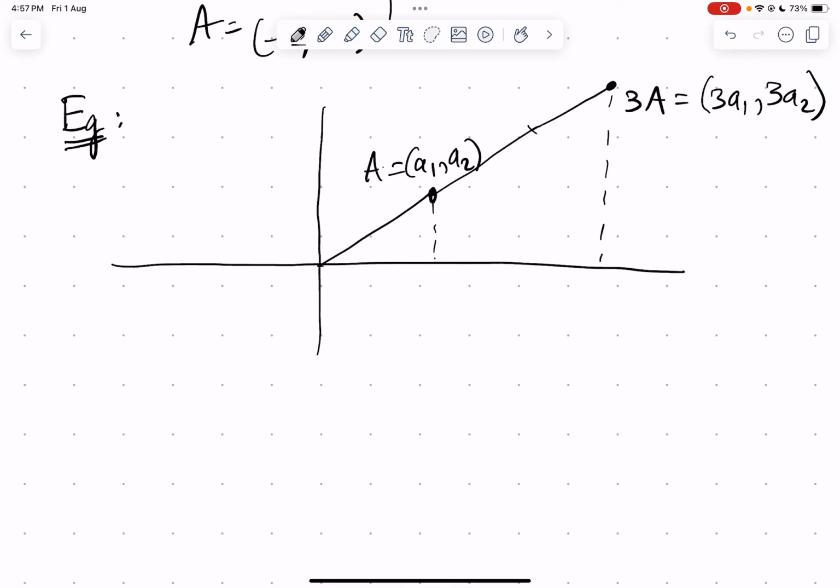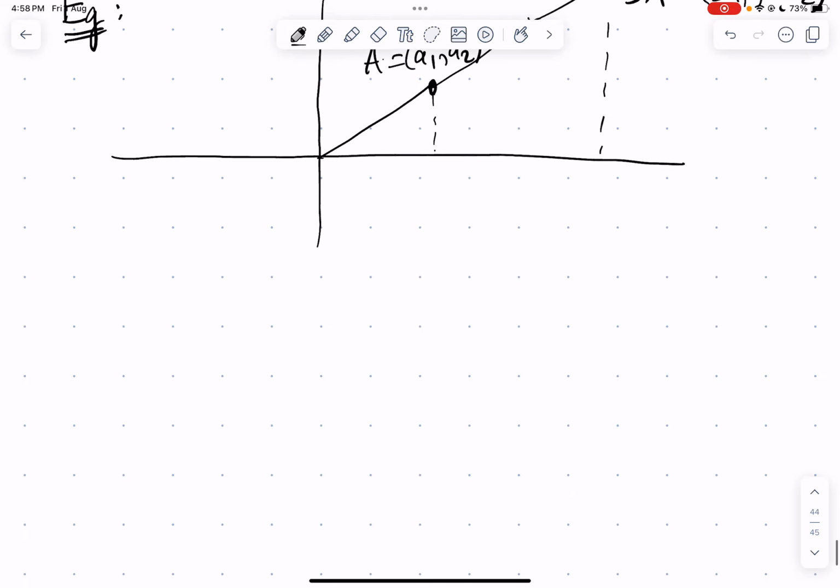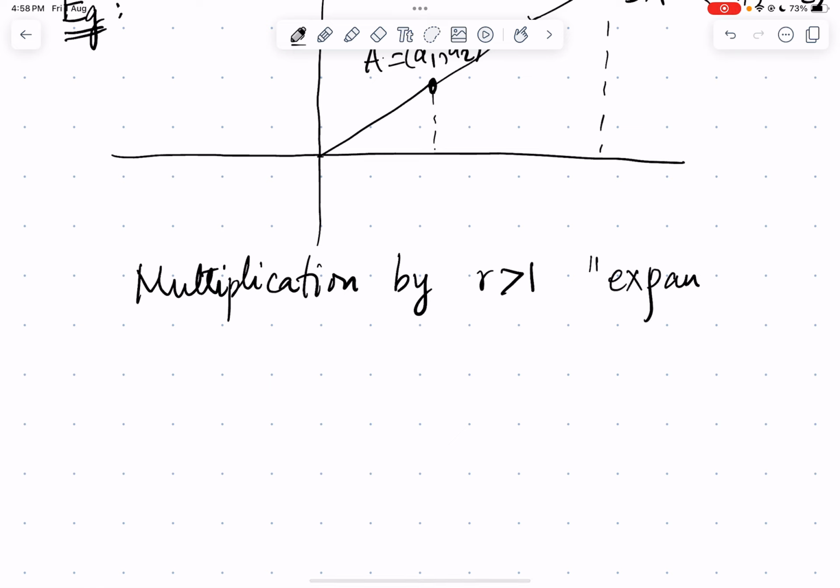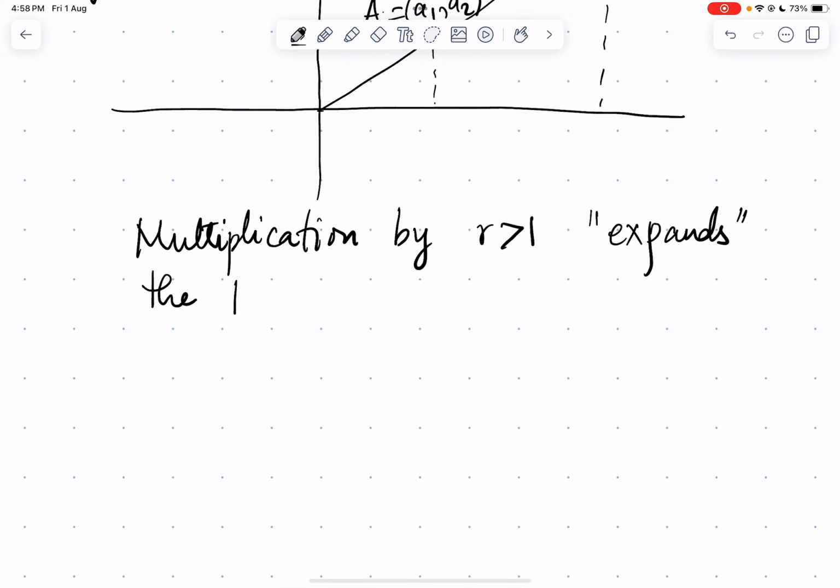Both coordinates have become 3 times the original coordinates, and multiplication by r greater than 1 expands the points away from the origin.